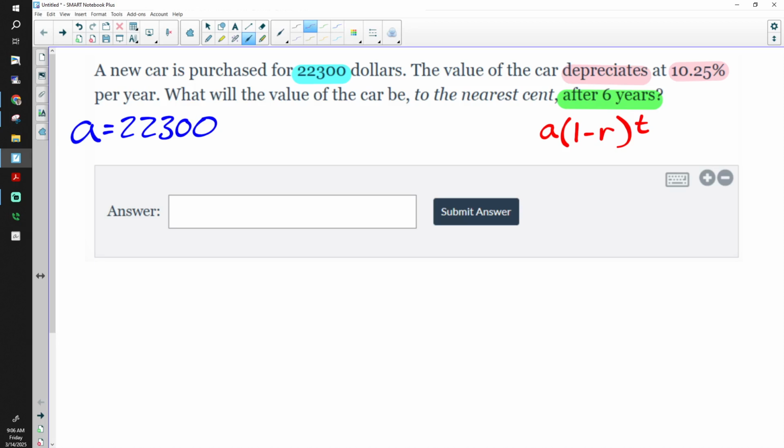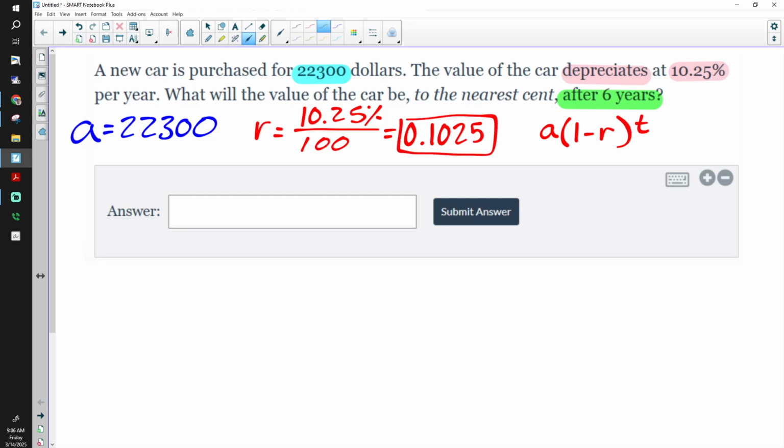Our rate is our percentage, 10.25%. This is not usable. We do not use percentages for our rate in formulas and functions, so we must divide it by 100. When we divide it by 100, we get 0.1025. This is our usable rate.